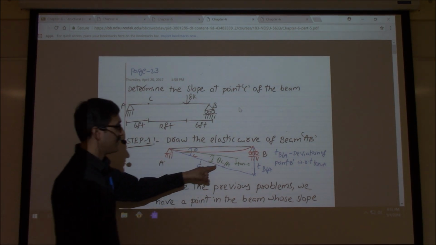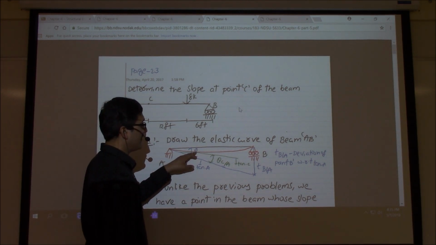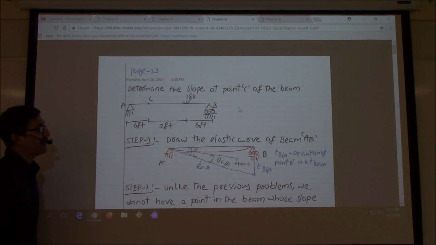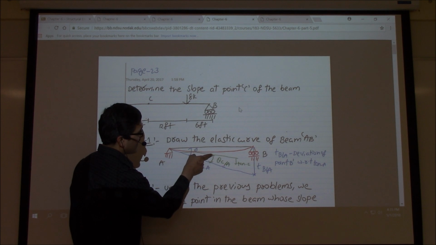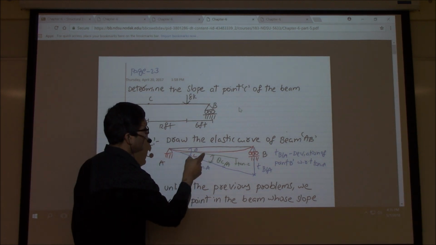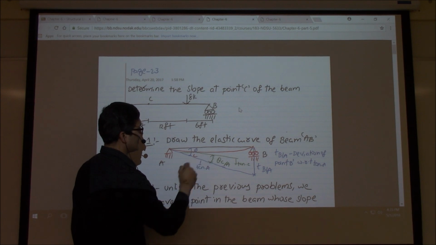Now you have theta C by A, and you already know what phi is, because phi is nothing but TB by A divided by the span of the beam. So the left out angle here is nothing but your theta C. This is the tangent C, and this is the angle that is made with the x-axis.